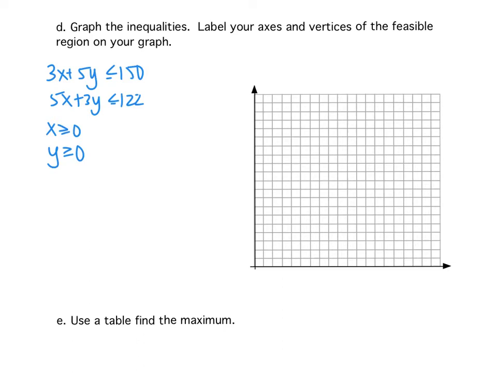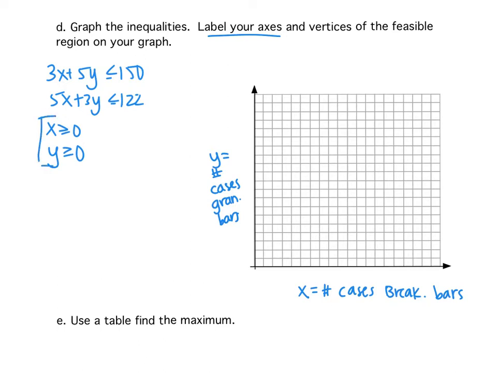So first we are told we need to label our axes. So the x-axis in this case is the number of cases of those breakfast bars. And again, that's just from part A of this problem, how I defined my variable. Y is the number of cases of granola bars, again from part A. So we're almost ready to graph. The 2 bottom inequalities are easy for us to graph.